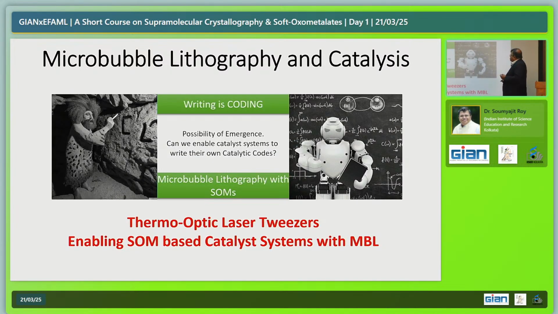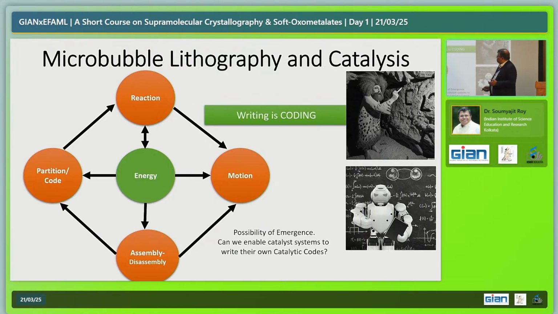Now, what we want with this type of writing, our future question which we would like to ask, is: can we enable catalyst systems to write their own catalytic codes? That's an ambitious challenge, but that's what we would like to do maybe someday. So that's the overarching view of this.